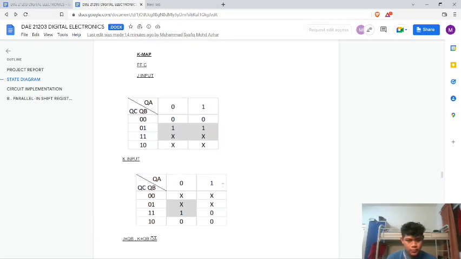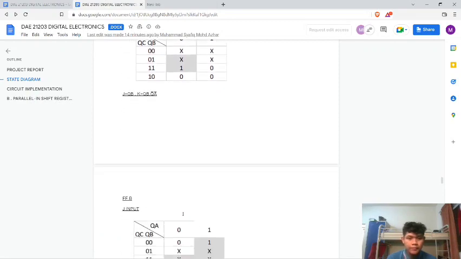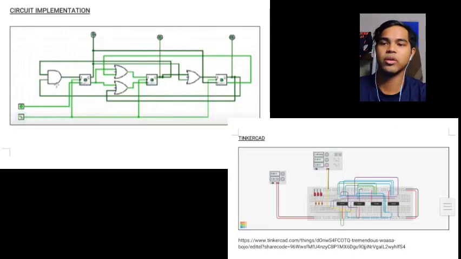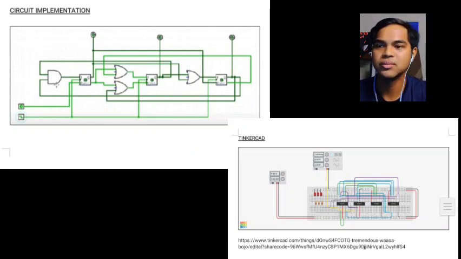After that, we use the K-map to get the Boolean expression. That's all from me.